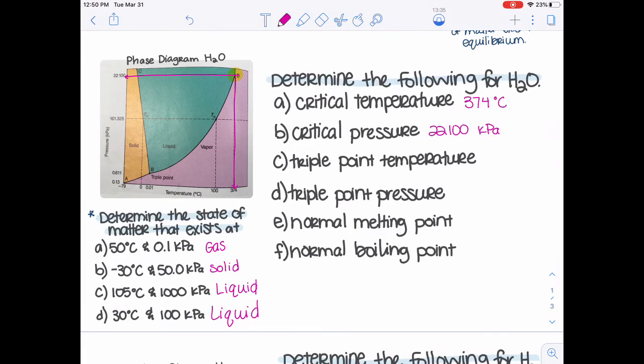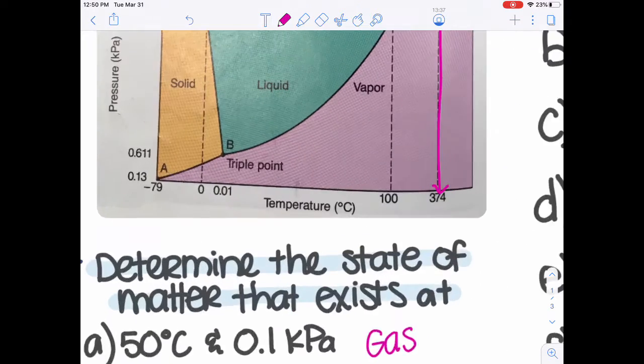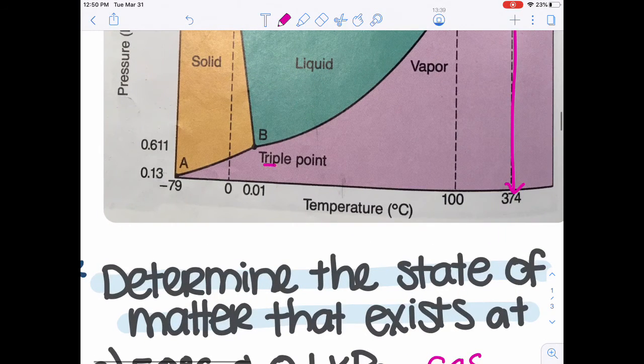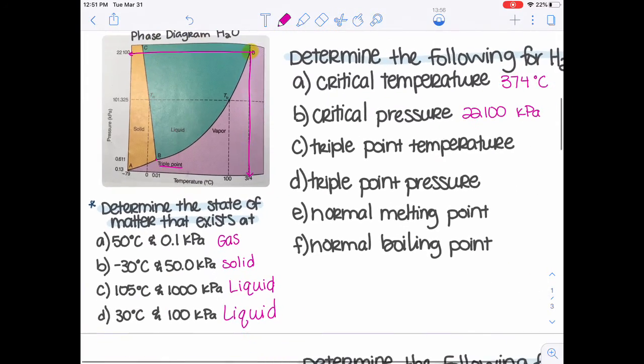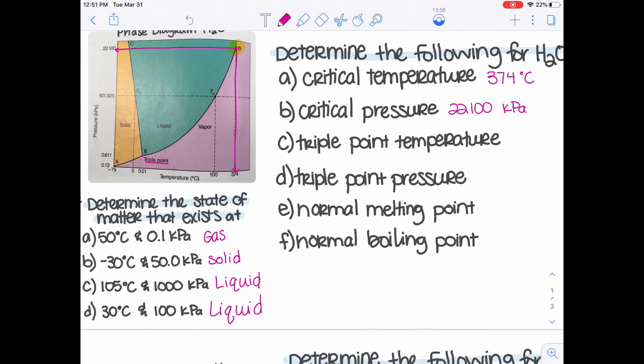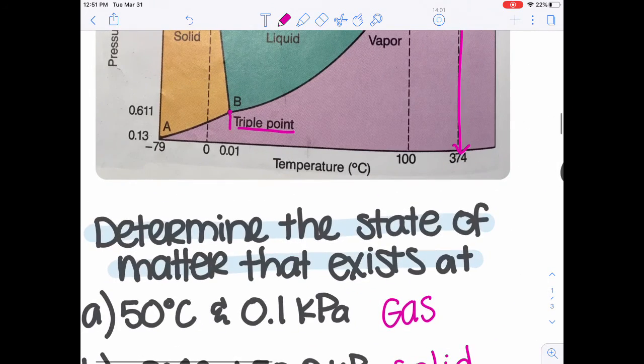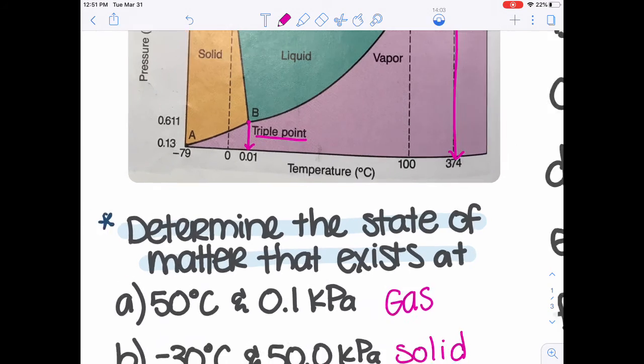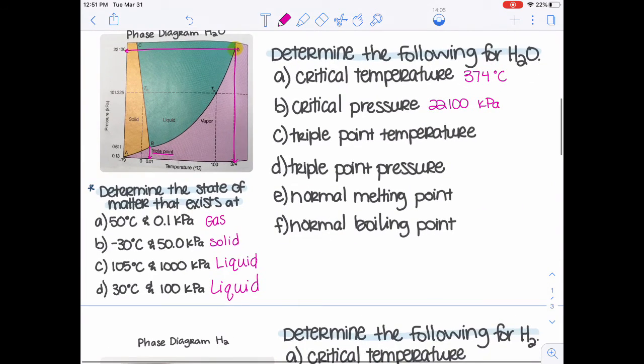The triple point temperature, again, this phase diagram has triple point labeled for us right here, but on any phase diagram, it's going to be that point where we have solid, liquid, and the gas all bordering. They all share that one point in common. So the triple point temperature for water is 0.01 degrees Celsius.